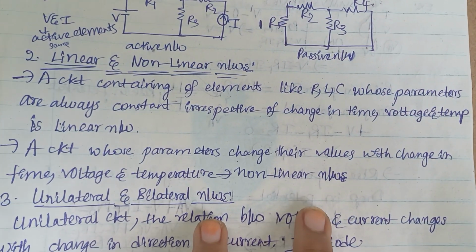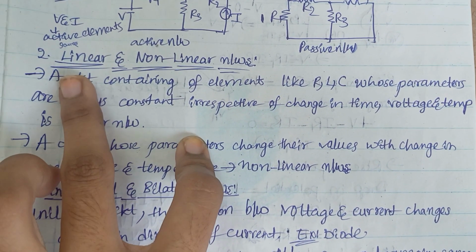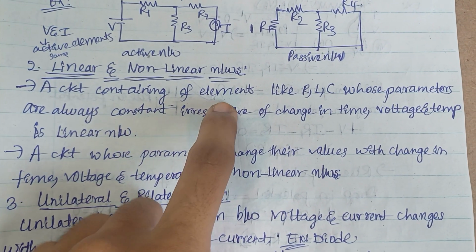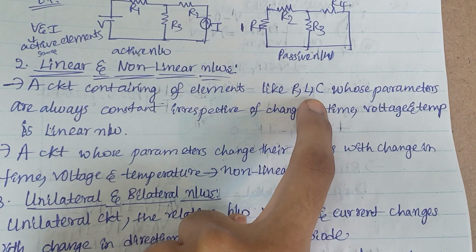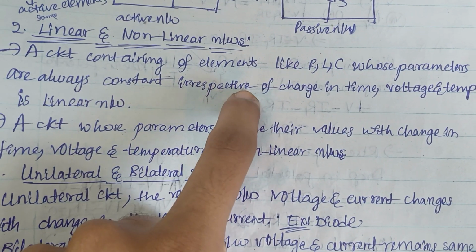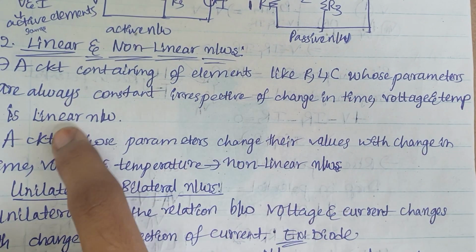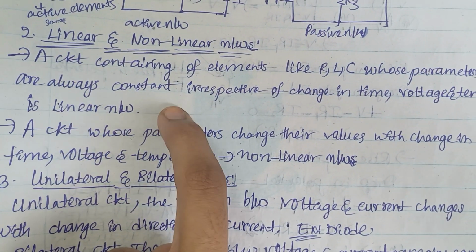Now coming to linear and non-linear networks. A circuit containing elements like RLC whose parameters are always constant irrespective of change in time, voltage and temperature is a linear network.